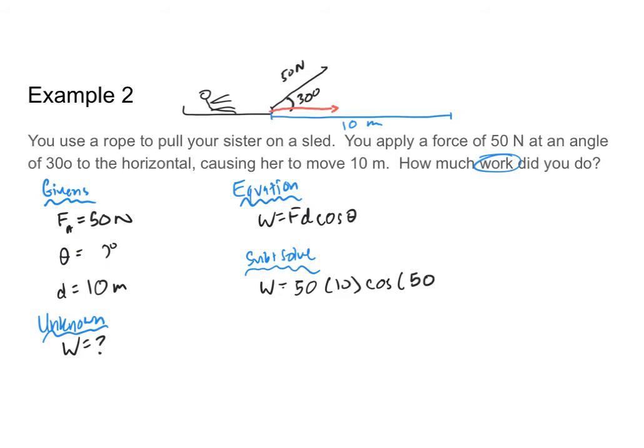I don't know why I wrote 90 here, but the cosine of 30. Can't read my own handwriting. There we go. And I can plug that into my calculator. And when I do that, I'll get that my work is 433 joules. And there you go. That is the work required to move my sister 10 meters.